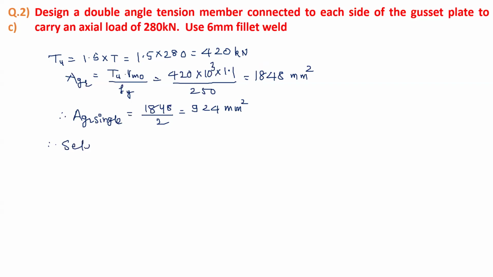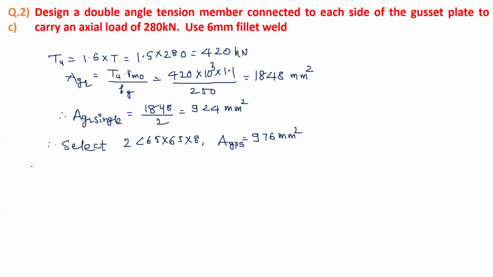Therefore, select two angle. So I have taken these angle sections as angle 65, 65, 8. And we have area of this is 976. AG provided 976 millimeter square of single angle.